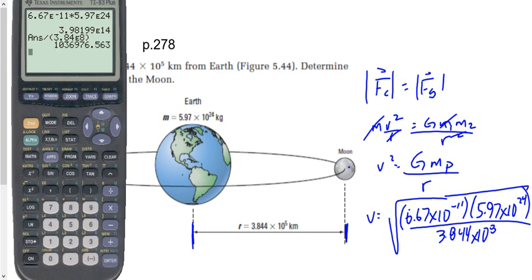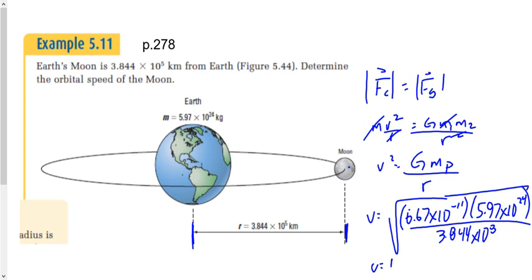And then we've got to square root that. 1,018, which we're going to round to 3 digits because of the 6.67 and the 5.97: 1.02 times 10 to the 3 meters per second. So the moon is orbiting around Earth at 1,000 meters per second, 3,000 kilometers per hour. That's pretty quick, eh?